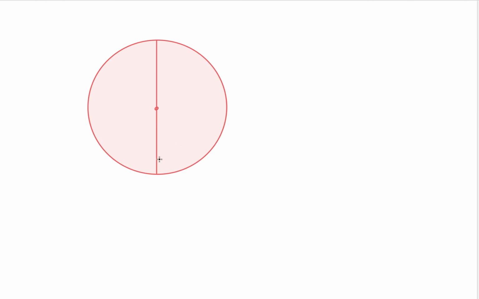So let's say we have a diameter here, and we have a radius, another radius here, that connects a line here. So this becomes an inscribed angle from this point all the way around to this point. It's not a very good line, is it?